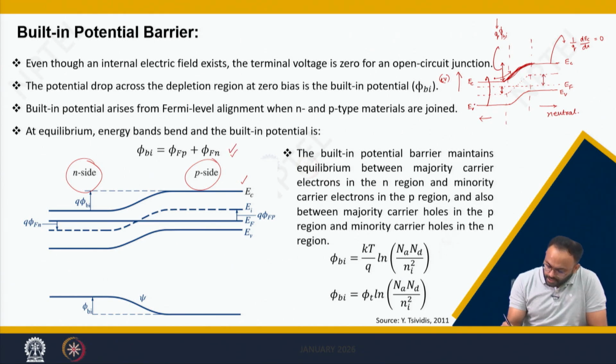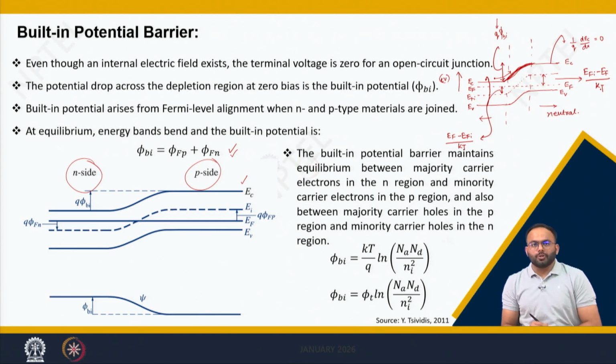This difference is nothing but EF minus EFi divided by kT, and this difference is nothing but EFi minus EF divided by kT.